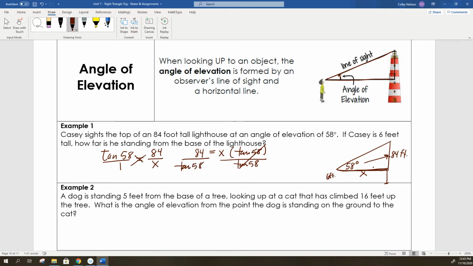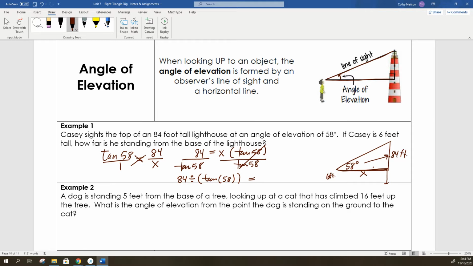So on my calculator, that's 84 divided by, parenthesis, tangent, parenthesis, 58, close the 58, close the tangent of 58, equals, what do you get? Let's see what I got here. See if I got what you got. 52.49.